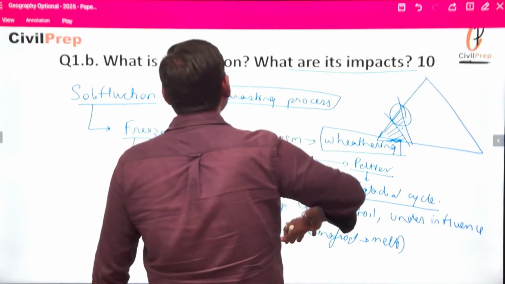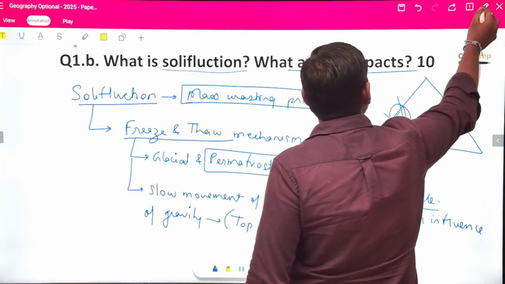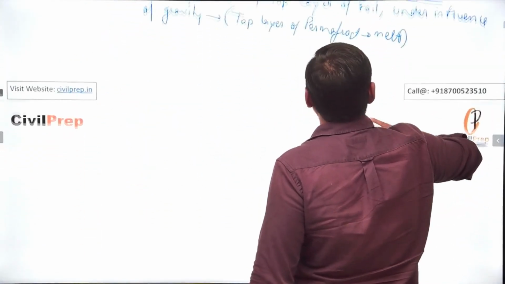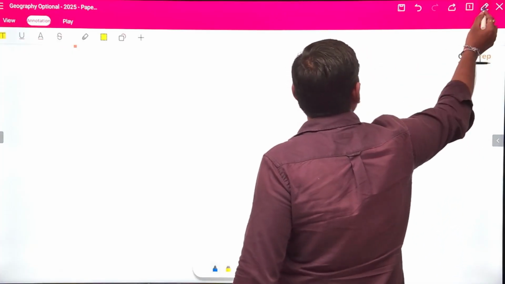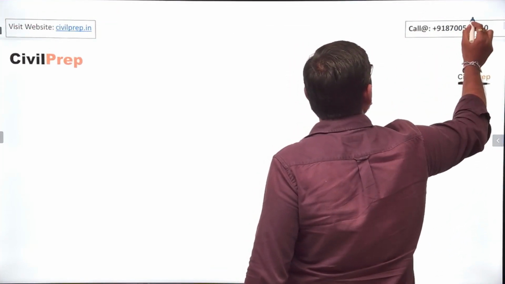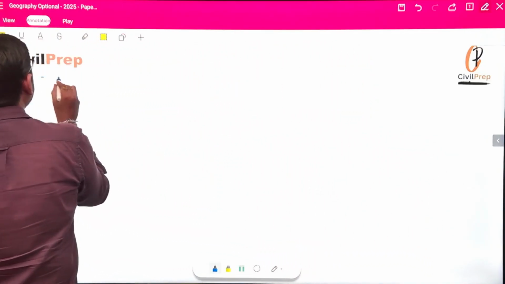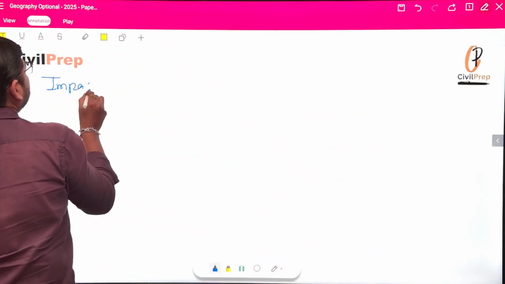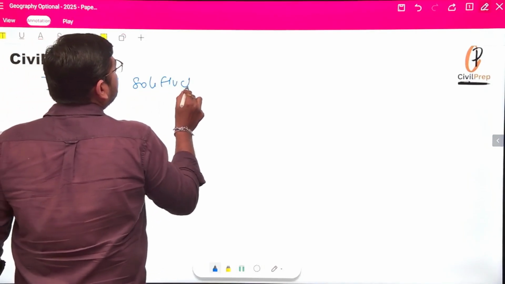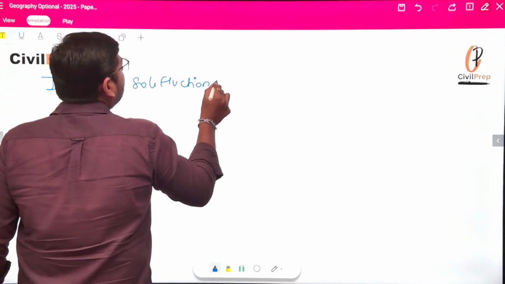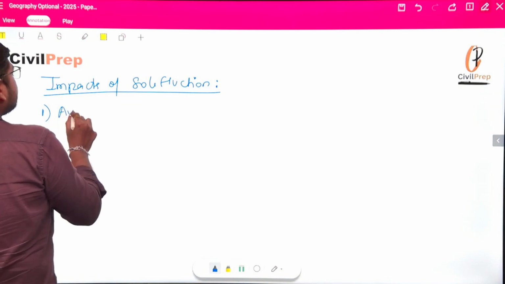Okay, when we look at its impact, what is actually the impacts of solifluction? What are the various impacts of solifluction? Here we'll be seeing that number one, it results into the avalanches.